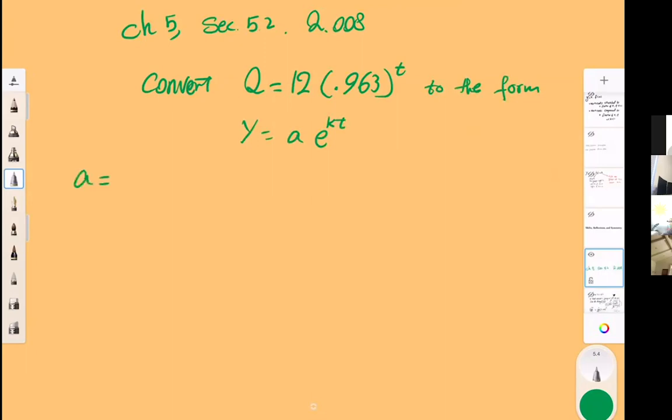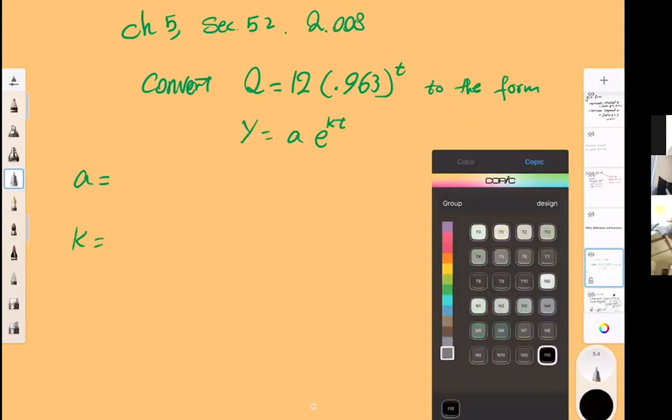What is a and what is k? Should I solve this one? I solved this on YouTube, not exactly the same, but with different numbers.